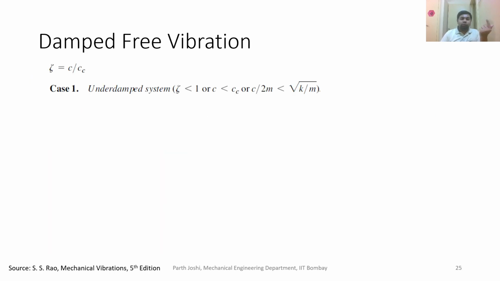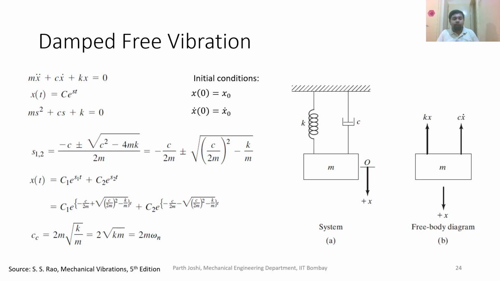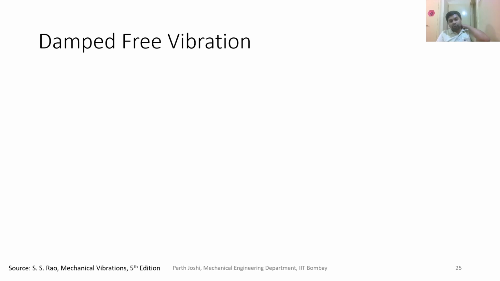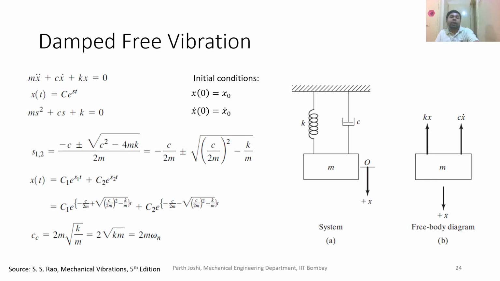Depending on the nature of the roots, we categorize them into three parts. The first case is called the underdamped case, where c by 2m is less than root k by m. In that case, we will get the thing inside the bracket, the square root, as negative.